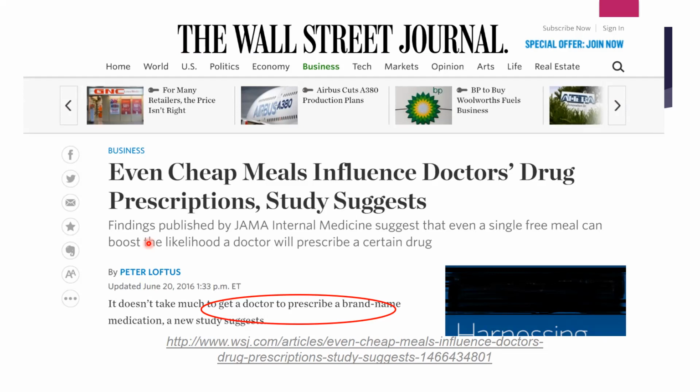So naturally, they will increase the tendency to prescribe more medication, particularly those carried by the medical reps, the sales rep.